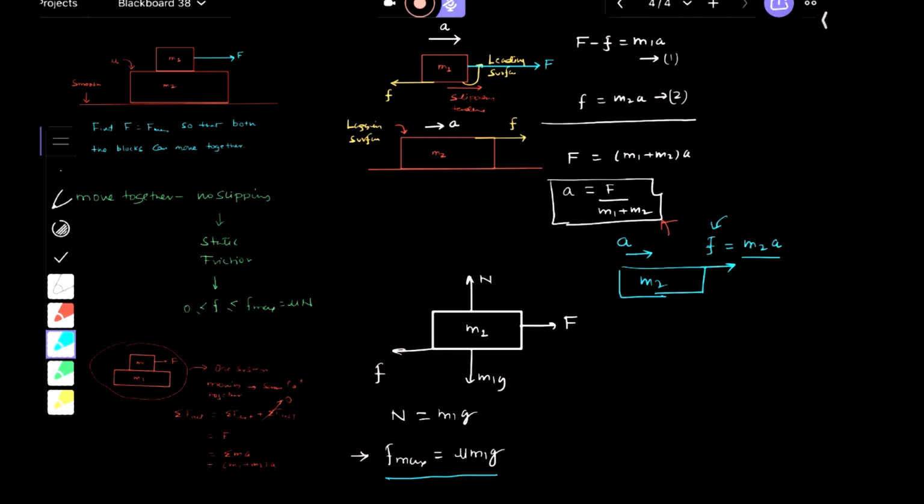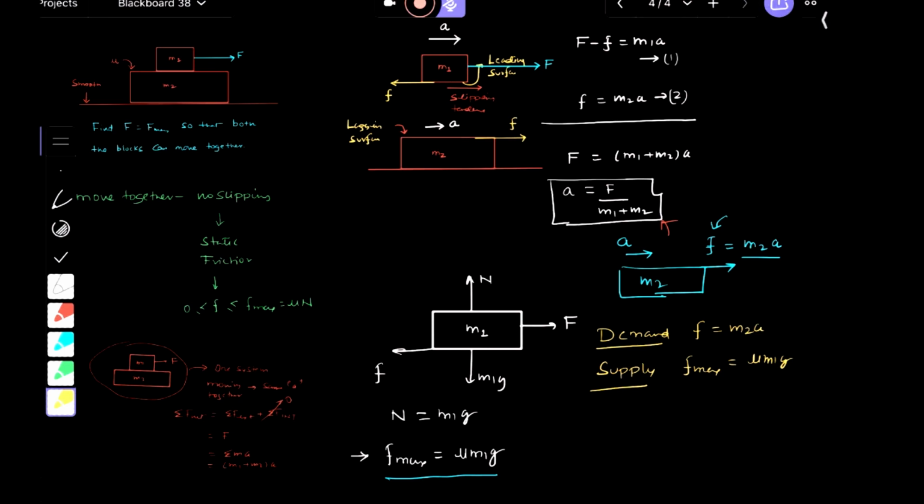Understanding this point or not? So we want the friction force to apply M2 into A, and the maximum it can supply is mu times M1 into G. Suppose friction force can give you 25 newtons max and you are asking for 20, then it is okay.